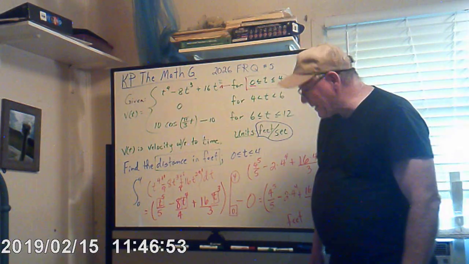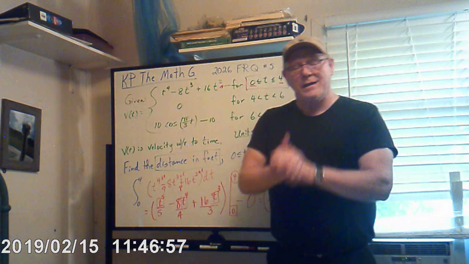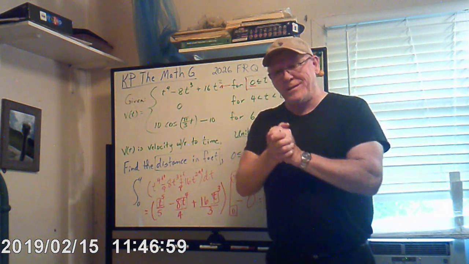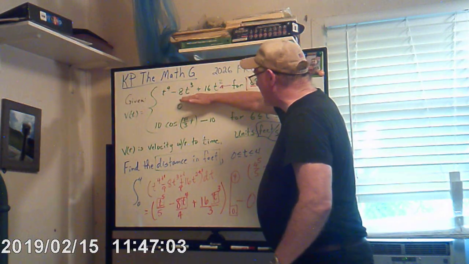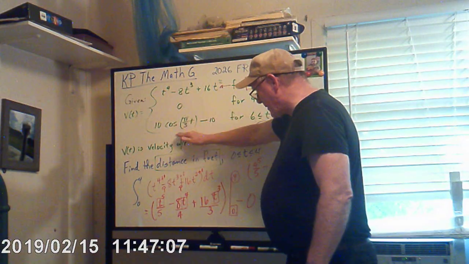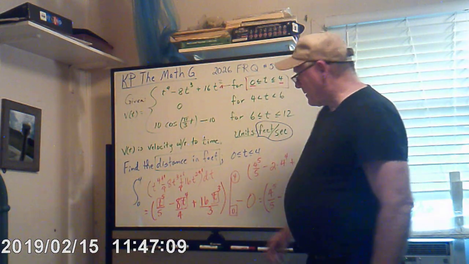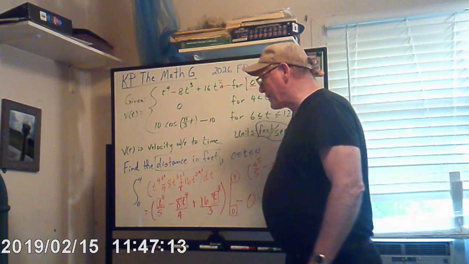So that's distance. And the moment I saw distance, I said, aha, a definite integral, and I'm going from 0 to 4, so I'm using this function. Not this, not this. Now in part D, hint, we will use this one.